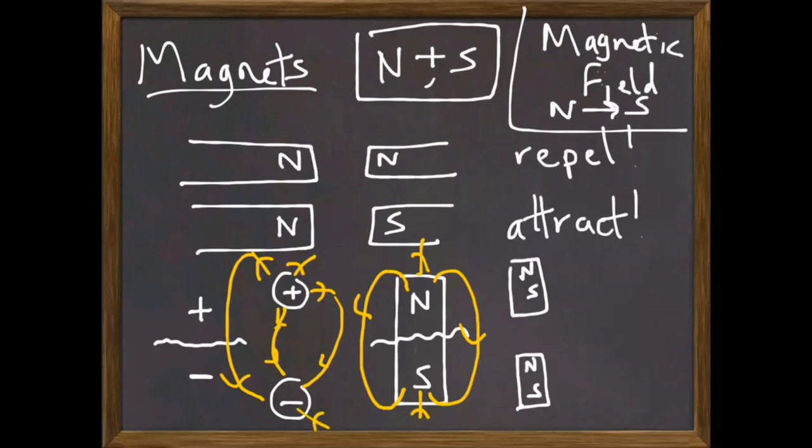And so inside the magnet, they're actually circulating back around, forming closed loops. They never start and they never stop. Sort of like that. So we'll see more examples a little bit later.